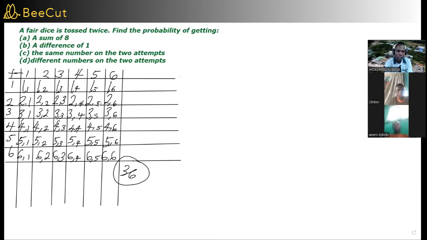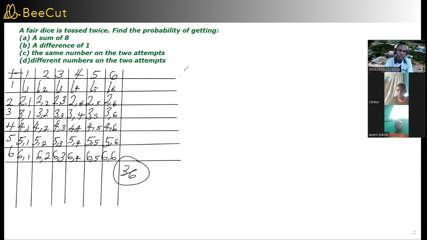We have possibility of getting any of these 36 attempts. And this is what is called number of possible attempts. What is the definition of probability? It can be defined as the ratio of the required outcome to the possible outcome.